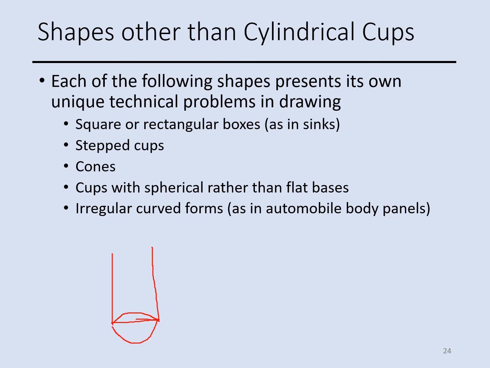It's not flat anymore, so it becomes more difficult. Or we can have irregular curves that we use a lot in body panels in the automotive industry. Those are some of the unique deep drawing cases, and each one has its own issues and problems.